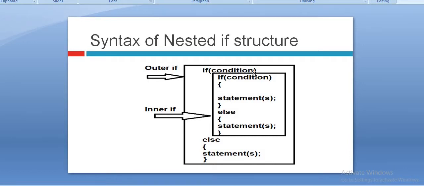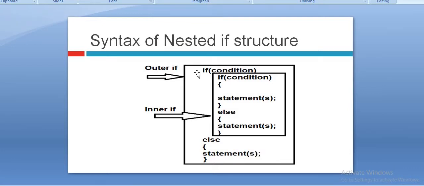So if this condition is true, this block of the if condition will be executed. It means if the outer if condition is true, then the inner if will be executed. If it is false, then it will immediately jump to the else structure and this set of statements will be executed.